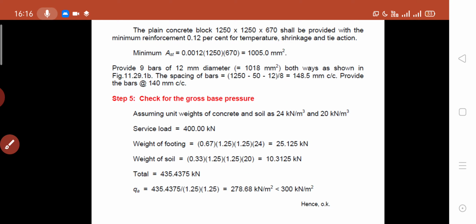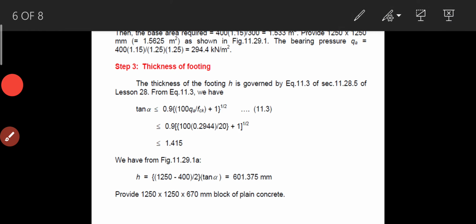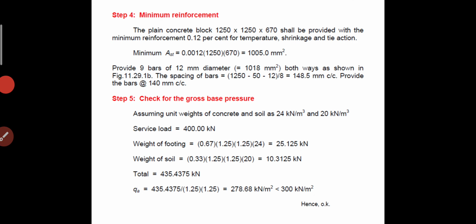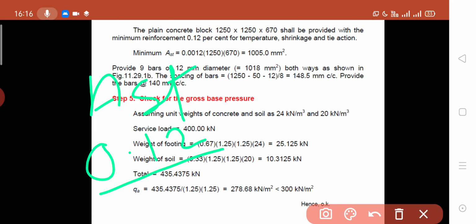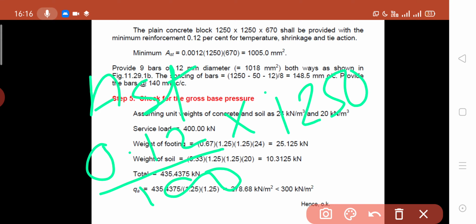So for the minimum Ast, which is 0.12%, we take 0.12 divided by 100 into 1250 into 670.